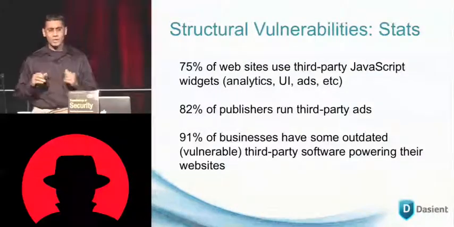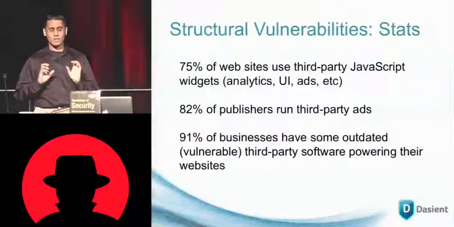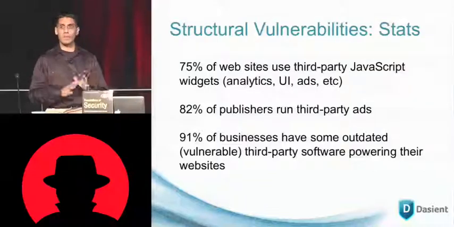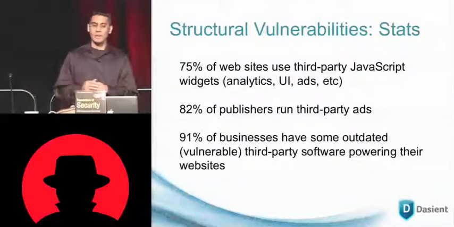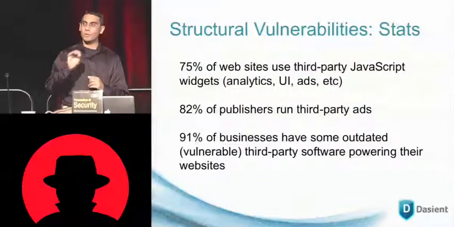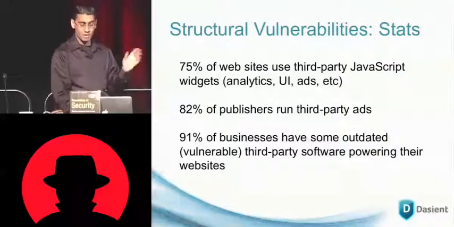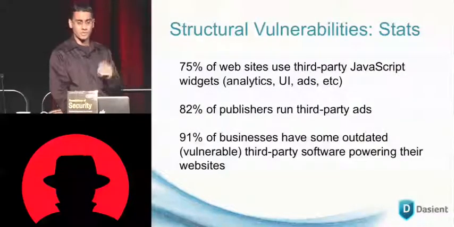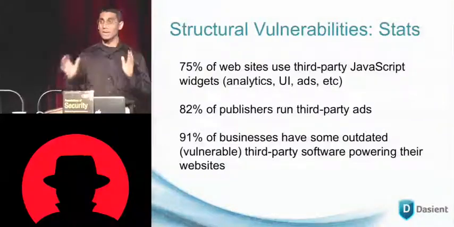And if you think about these things, one thing that's interesting is that this third-party reliance is a natural part of the internet, but the vulnerability that occurs as a result of having these issues is not well mitigated.